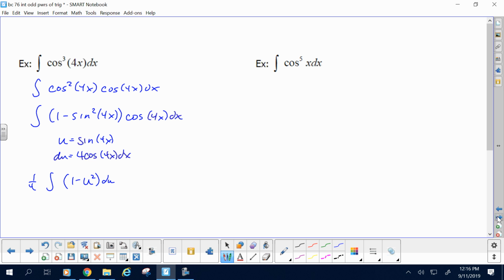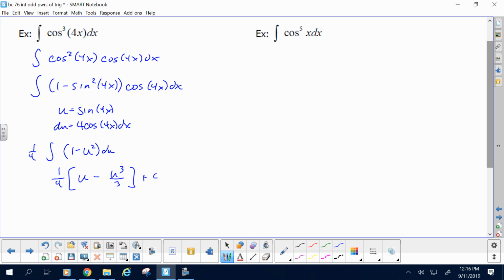Well, see where we're coming from? Okay. So what's the antiderivative of 1 and u squared? u cubed over 3 plus c. So when I sub back, my final answer is 1/4 of u replaced back with sine of 4x minus sine cubed of 4x over 3 plus c. Does that make sense?